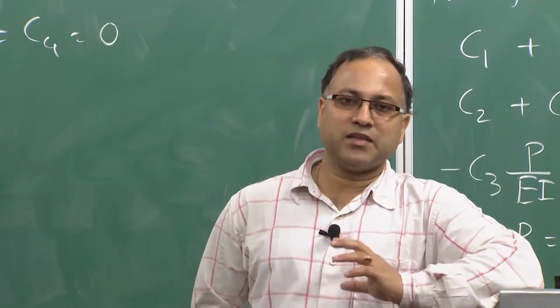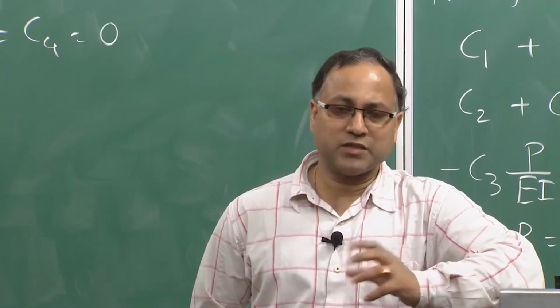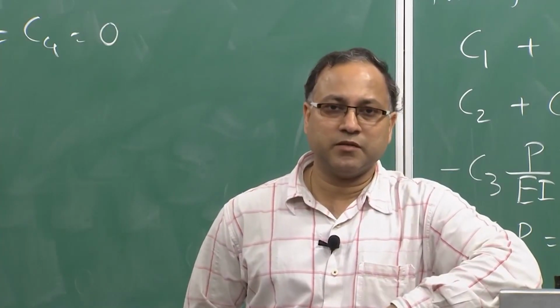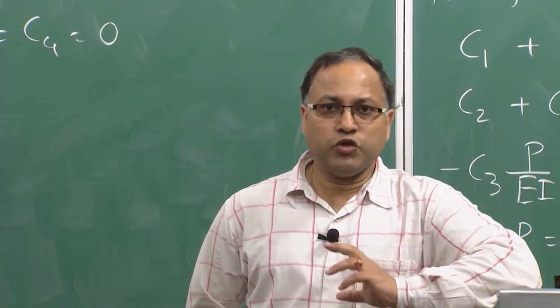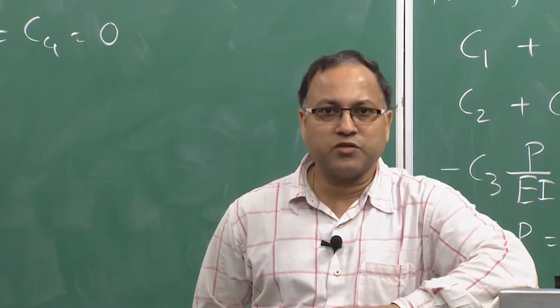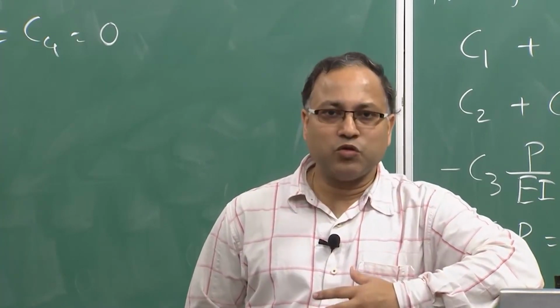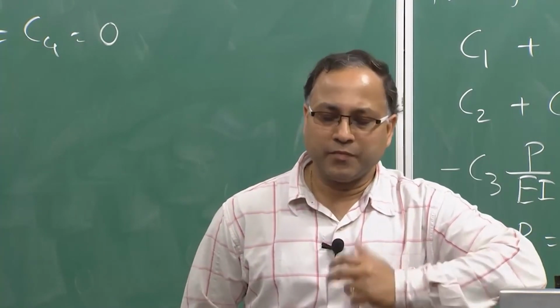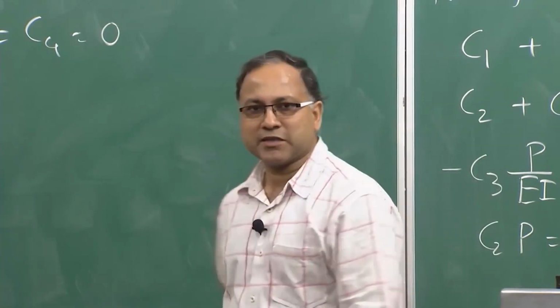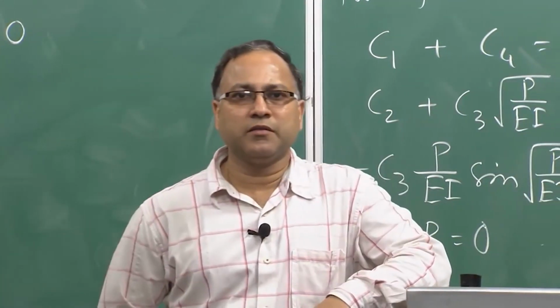Then only will you get some amount of V, the small v, that is the lateral displacement. So, we should look for the non-trivial solution to explore the instability. We will do that in the next class. So, I will stop here today. Thank you very much.